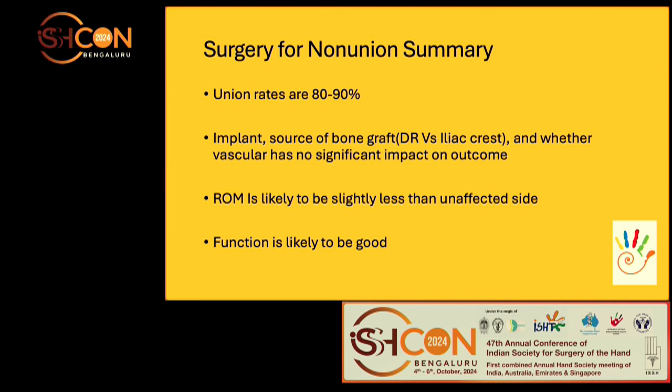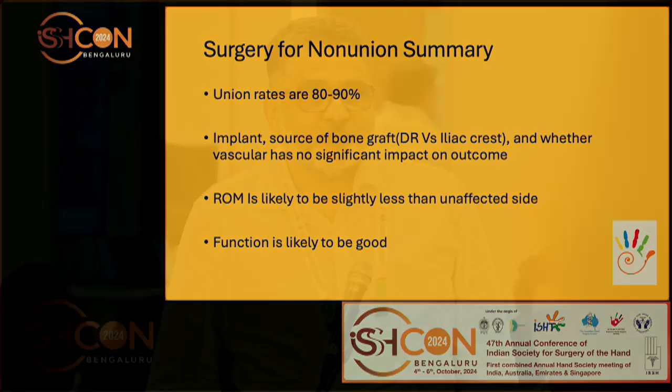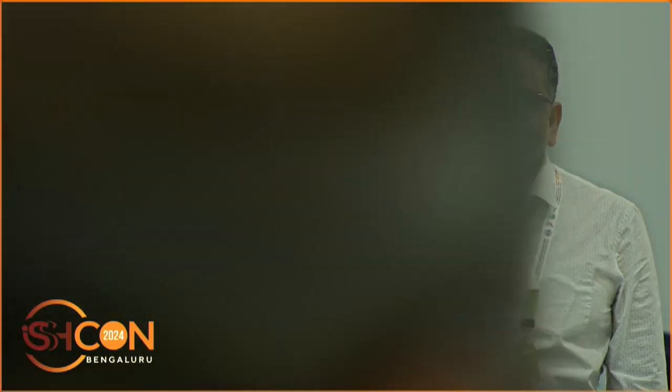We all know that there is an increased risk of failure of union with smoking. Does any of the panel not operate on patients who smoke until they stop smoking? Thank you. Just to stir the pot a little bit, Dr. Chaitanya Mudgal in the morning said that smoking no longer makes a difference to his treatment.